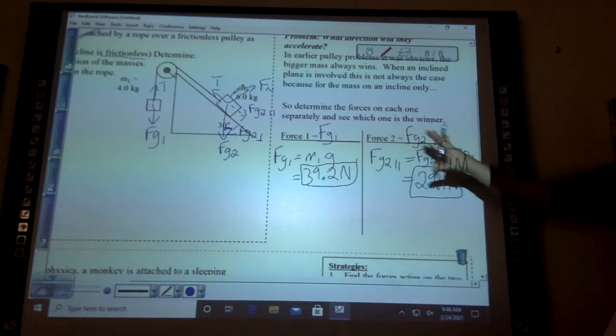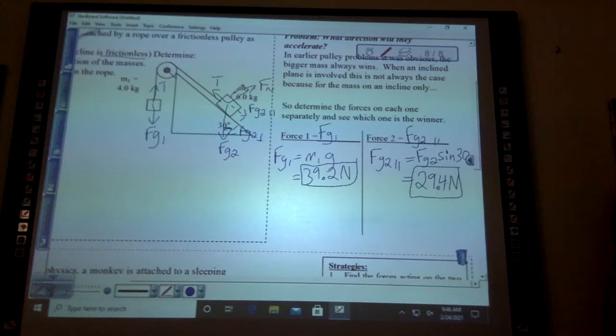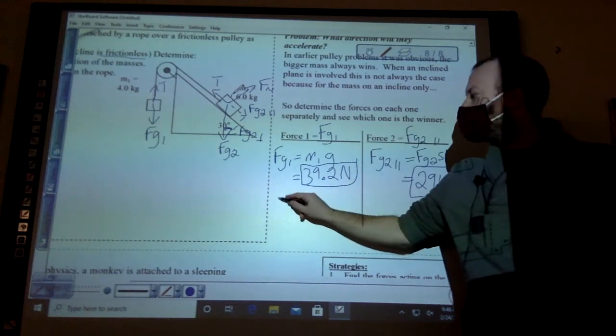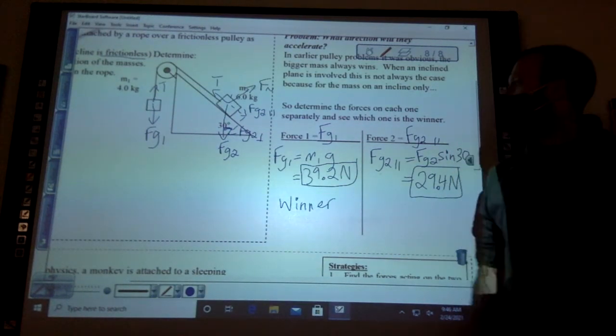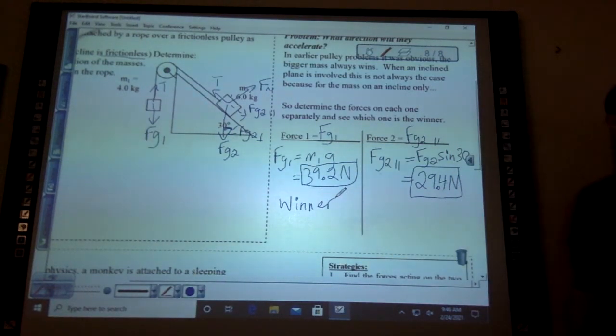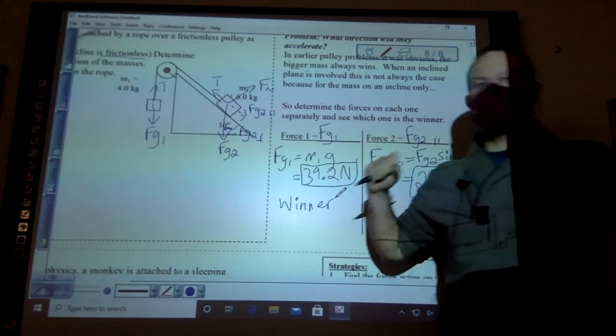So what do these two numbers tell us? Okay, so this is my winner. What's moving down? FG1's pointing down, but you mean mass 1 is going down. Yeah, because saying FG1 is going down is independent of who's winning.